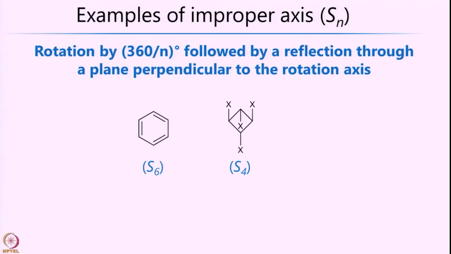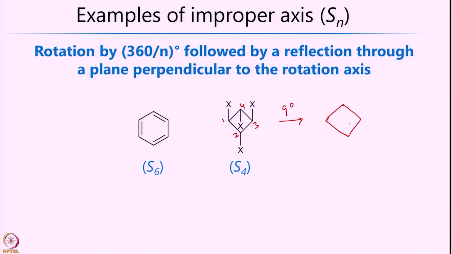And similarly, if you want to convince yourself with a slightly different molecule, we can take this cyclohexane derivative with X being a substituent, and what I will try to show you is that if I have this particular molecule, I am going to rotate by 90 degrees. For the sake of convenience, let us number the atoms as 1, 2, 3, 4, and I am going to write down similar.